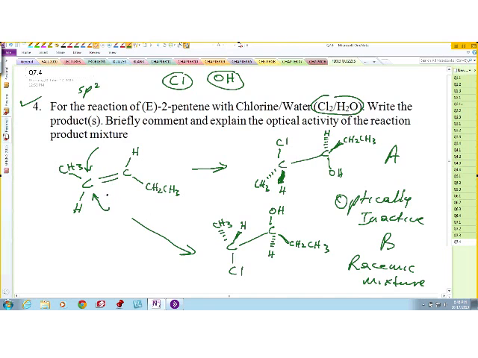In other words, the question is, supposing we were starting with the Z isomer, this is the E isomer. If you start with the Z isomer, then you are going to get a different set of products. Because don't forget, in that case, this methyl and this here will be on the same side of the carbon-carbon double bond. Okay, so let us go to today's discussion.